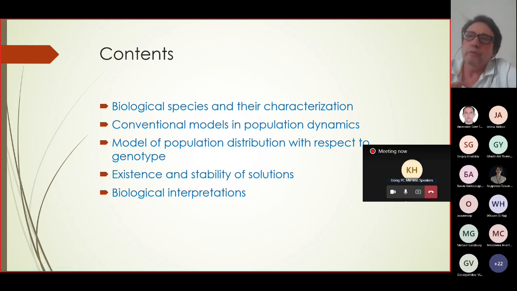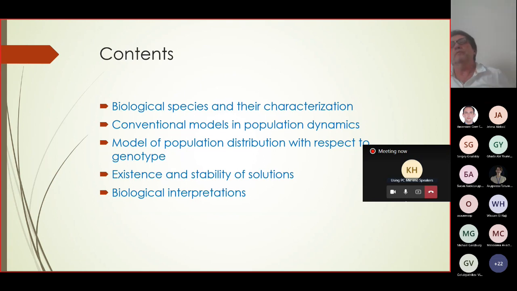So what I'm going to discuss today, I will begin with a short biological introduction about biological species and their characterization. Then, since we will try to discuss some mathematical modeling related to this question, I will recall some classical models in population dynamics, and we will see that these classical models may not be sufficient to describe the questions we are going to discuss. So we'll derive another type of model, another type of equation.